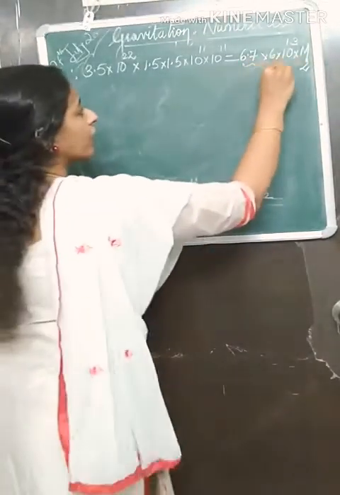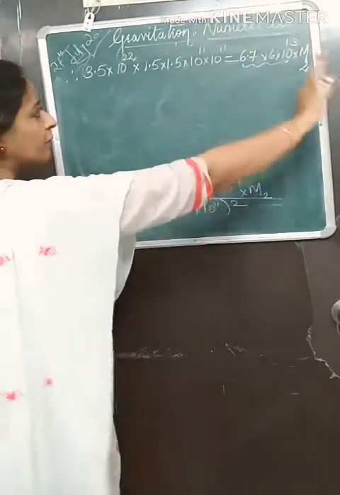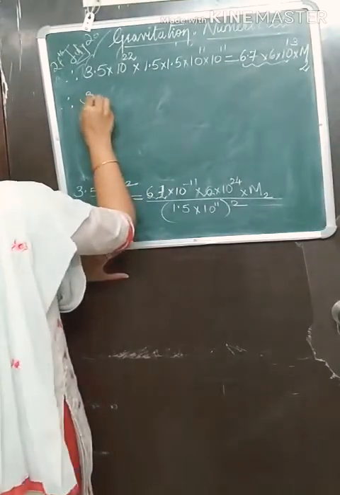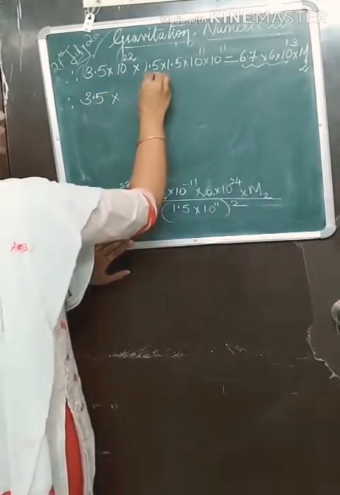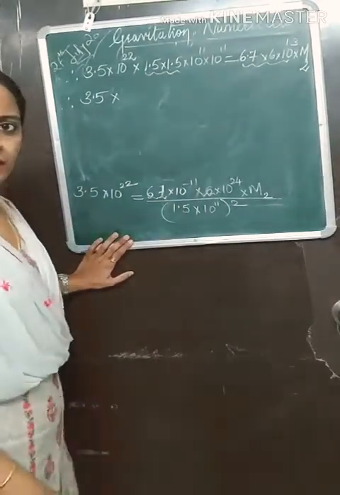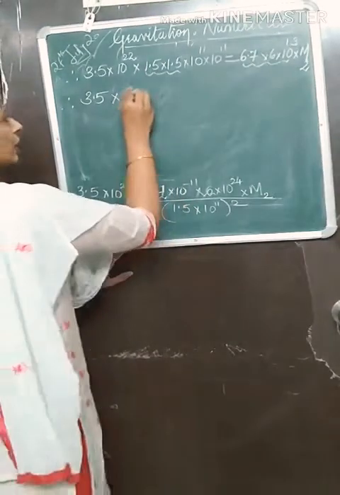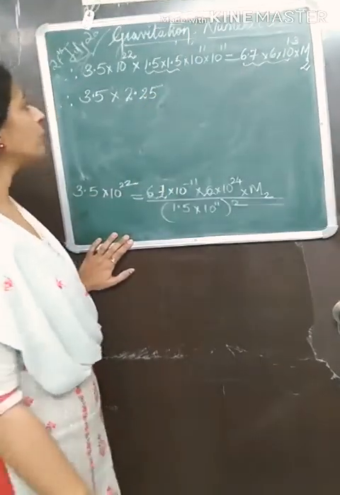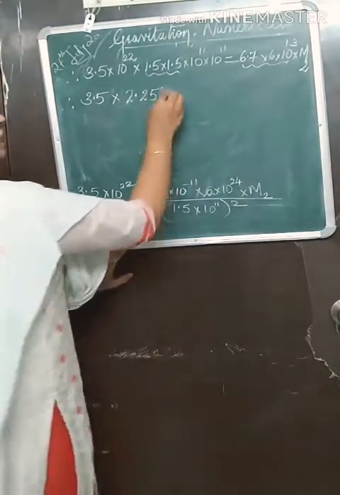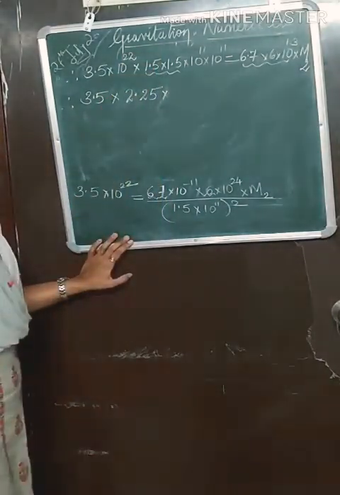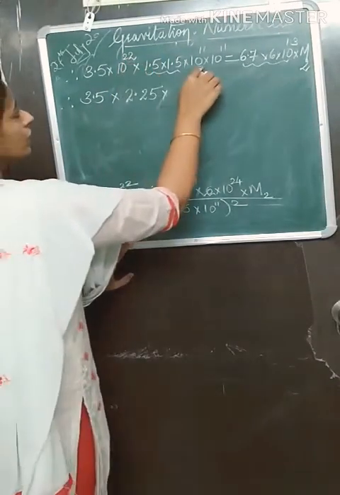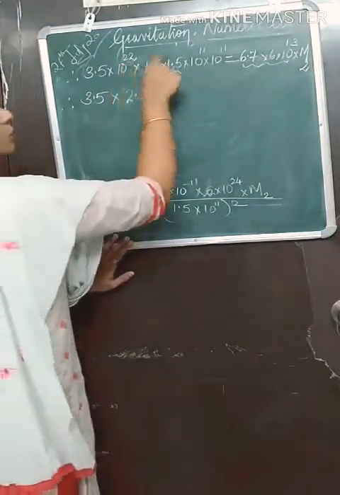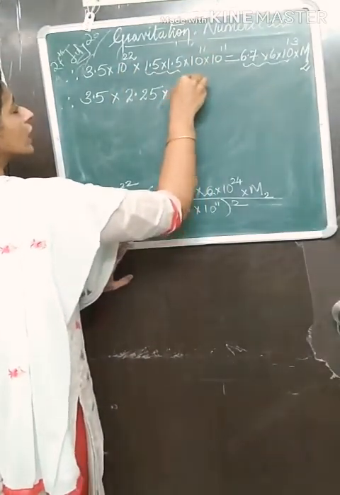Now this full thing we will bring to the opposite side, m2 we will keep alone. So therefore what you will get is 3.5 into, now here 1.5 into 1.5 will be 2.25. You know, no? 1.5 into 1.5 is 2.25, into 10 raised to 22, 10 raised to 11 and 10 raised to 11. 11 plus 11 is 22, 22 plus 22 will be 10 raised to 44.